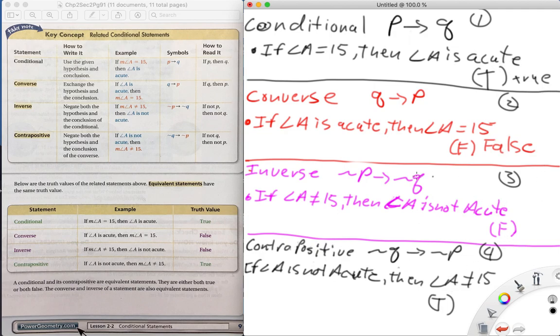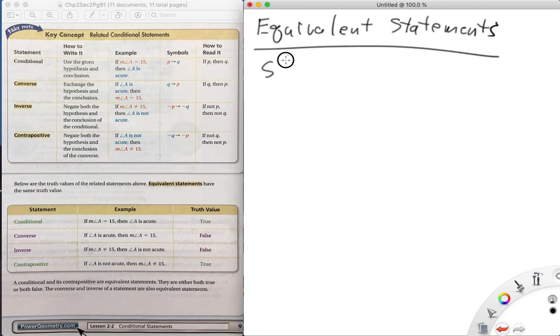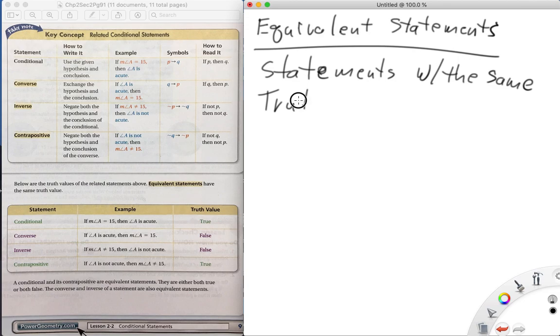So when we talk about equivalent statements, those are statements with the same truth value.